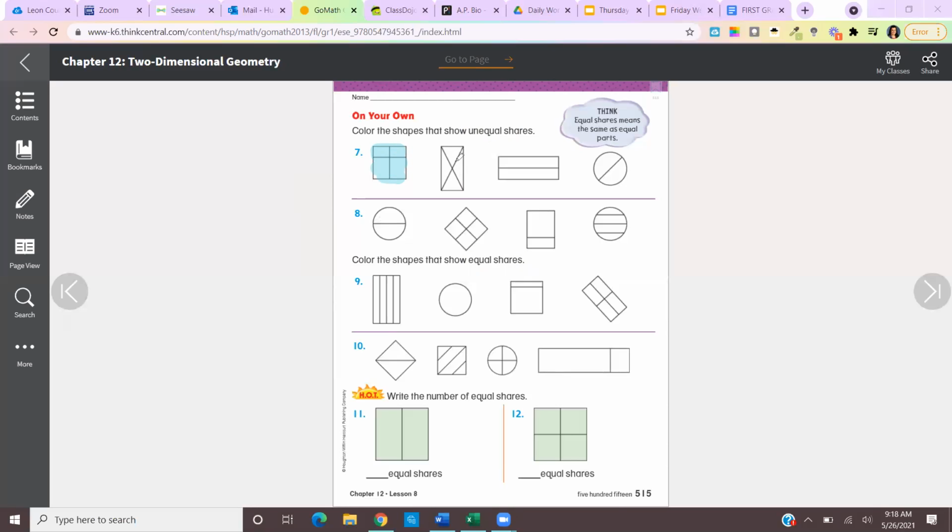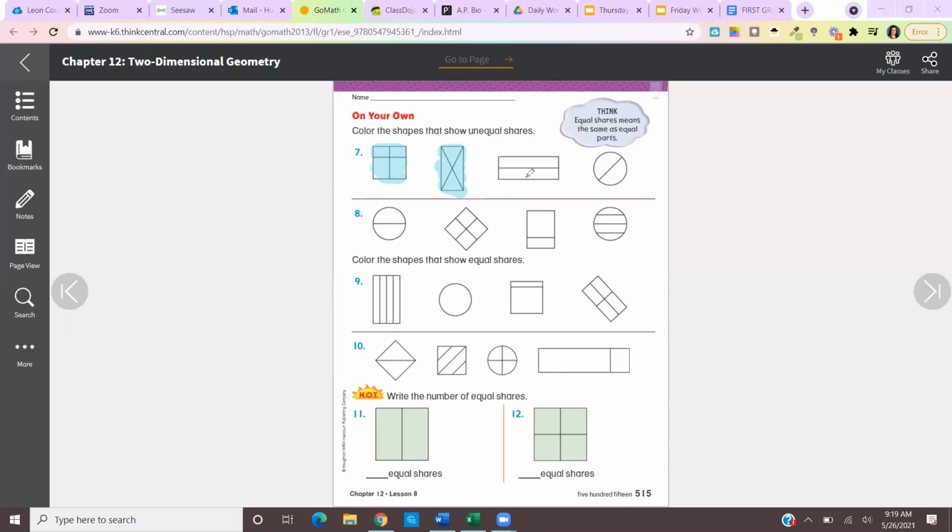Look at that second shape. Does it show unequal parts? Unequal shares? Yes, it does. These two, the top and bottom triangle, are not the same size as those two side triangles. Let's look at that third shape.